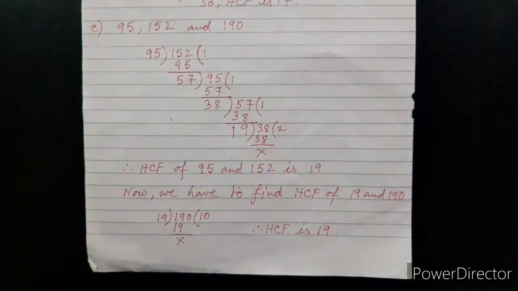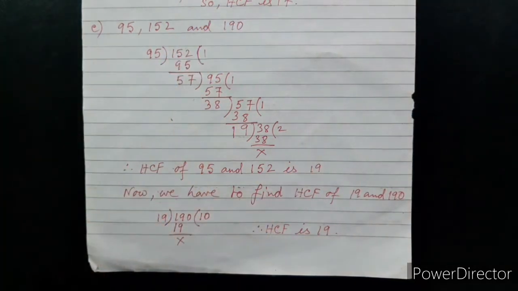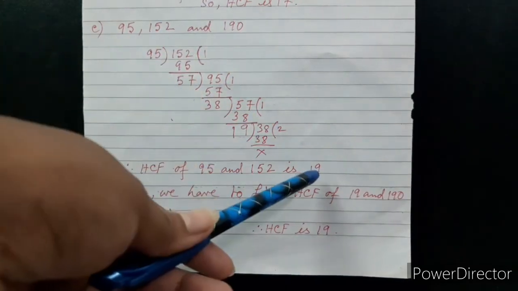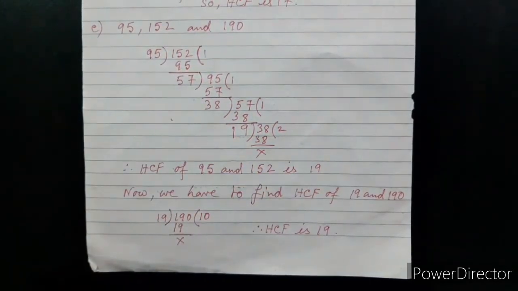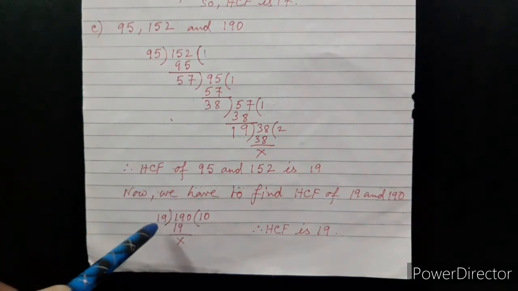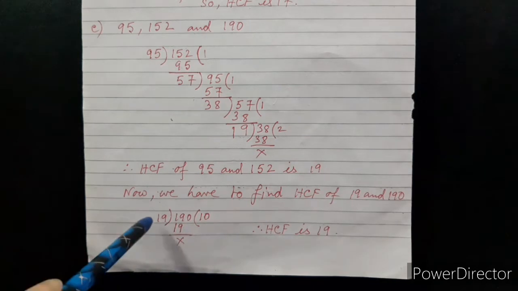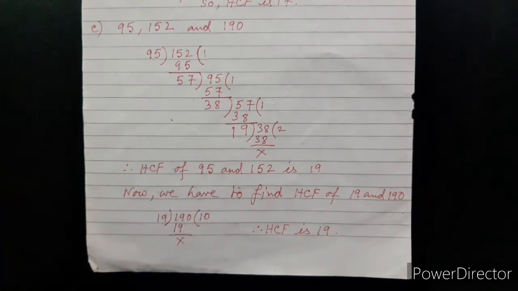Now, we perform the next step by considering 19 and 190. Between these two numbers 19 and 190, 19 is smaller. So, we start dividing 190 by 19. 19 ones are 19 and we put the 0 here.